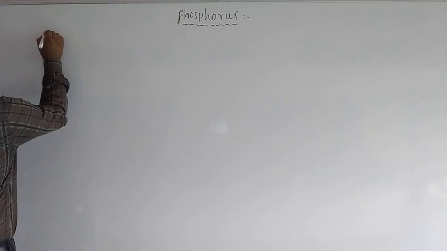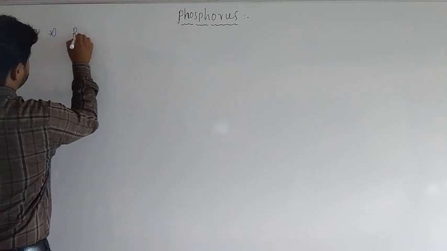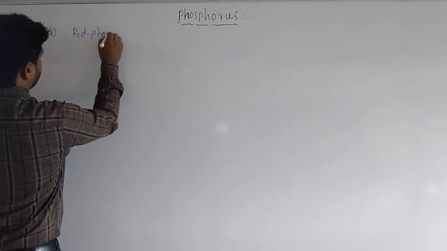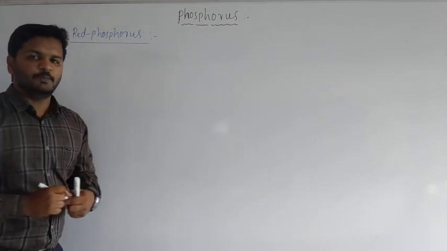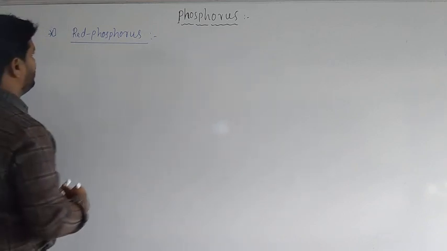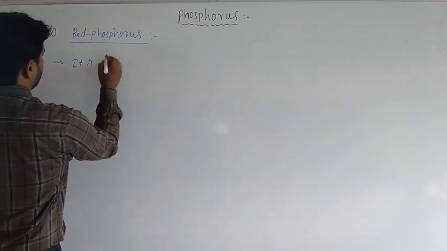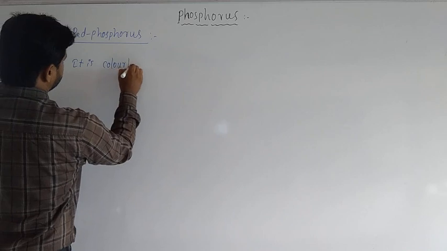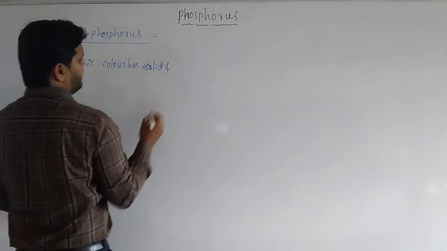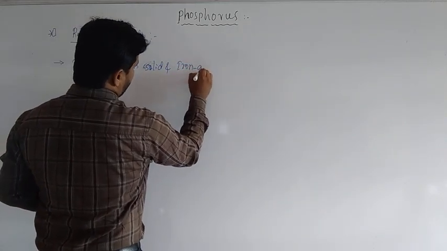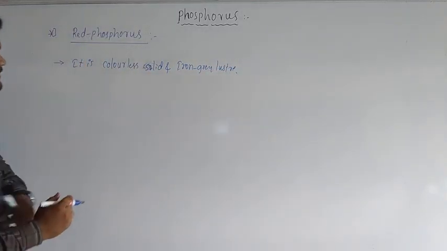Next, students, the second allotropic form of phosphorus, that is red phosphorus. The properties of red phosphorus are: first, it is a solid having an iron gray luster.